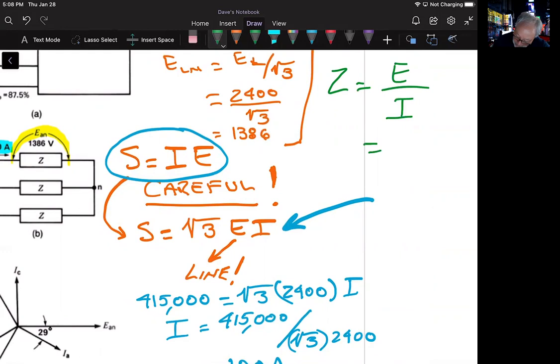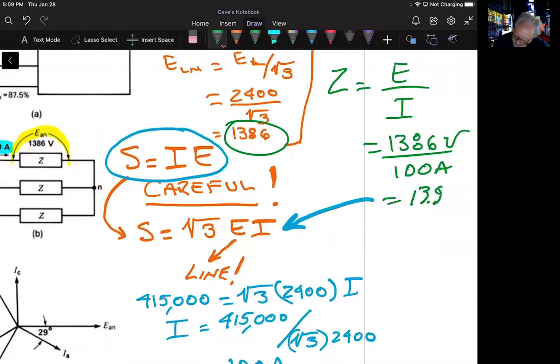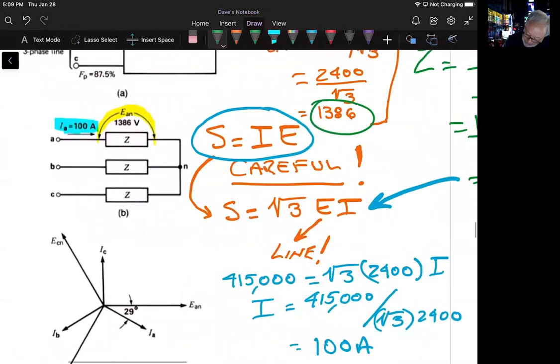The voltage is 1386, and the current is 100 amps. Then dividing that into there, I will get approximately 13.9 ohms of impedance for here, and here, and here.